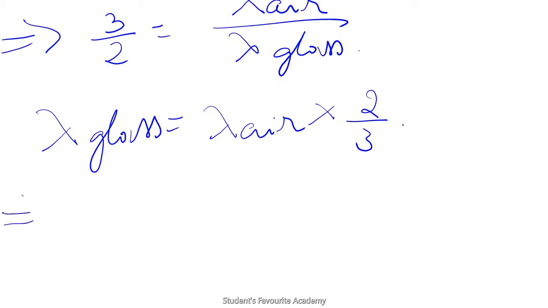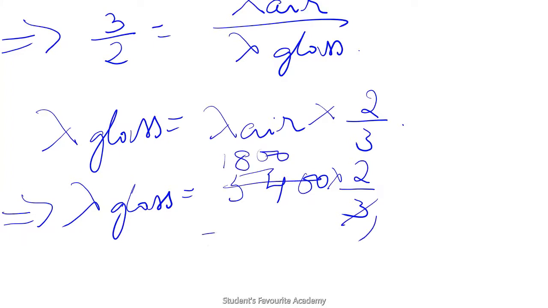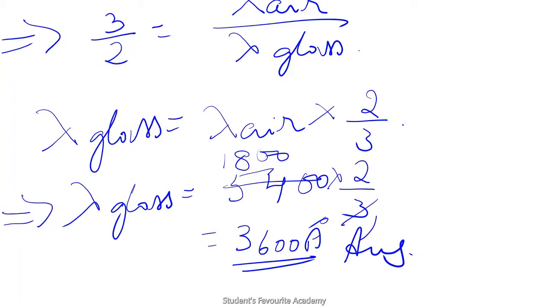So lambda in glass is equal to 5400 into 2 upon 3. So 3 ones are 3, 3 eights are 24, 0 0. So 3600.